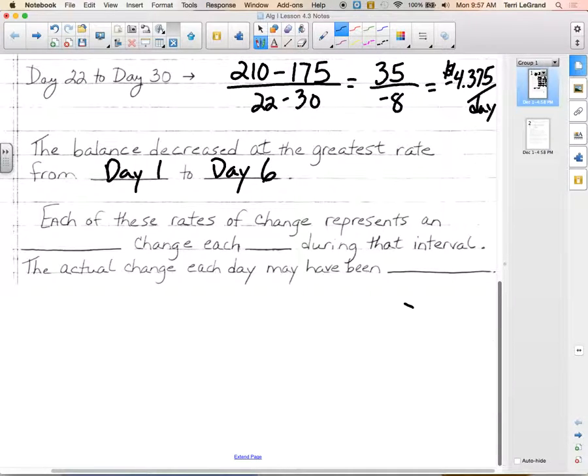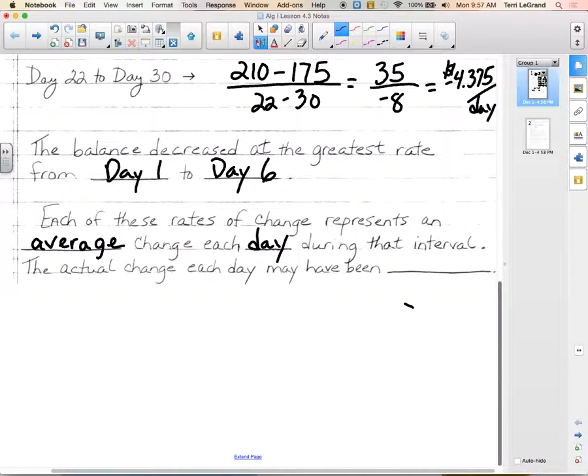Okay, as I've been saying all along, and it's really important that we understand, if we were to graph this, we would not have a straight line, would we? No, because each of those is a different rate of change. It's not a constant rate of change. So when we don't have a constant rate of change, each rate is actually representing an average change each day during that particular interval.